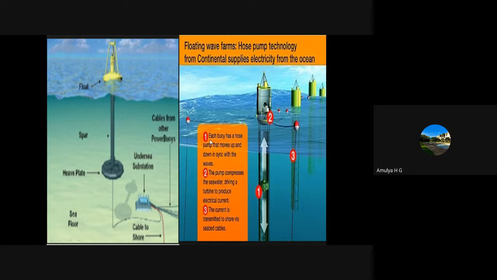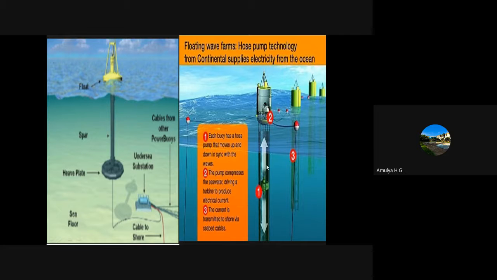You can observe here, firstly, the power buoy has a hose pump that moves up and down in sync with the waves. So this top point will be moving in the upward and downward direction. This is creating a pressure that is in sync with the waves. That pump compresses the sea water, driving the turbine in order to produce electric current.